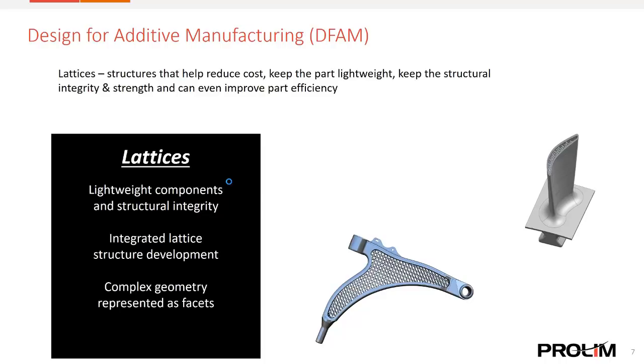You'll notice that the area of the airfoil shape is voided out, and we have the lattice structures in there to help with the cooling efficiency of that. Okay, so I'll go ahead and show you that example here.